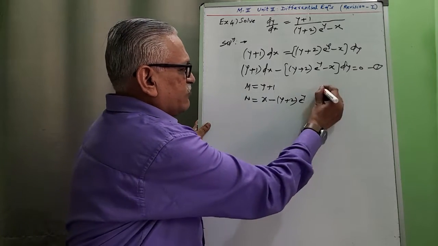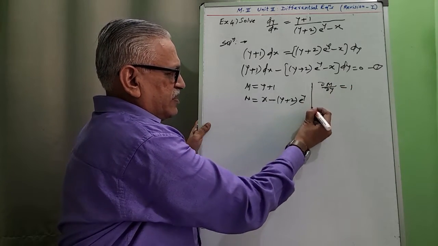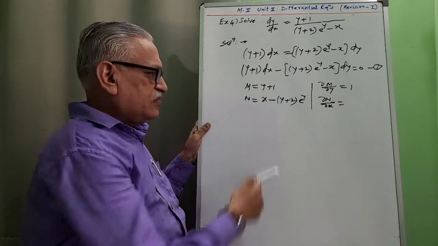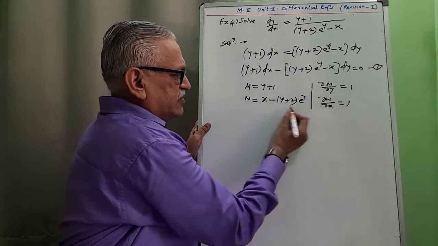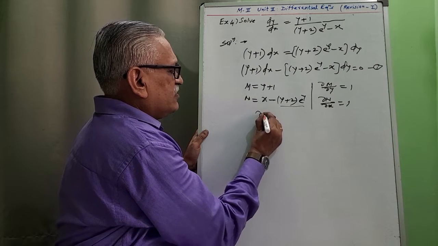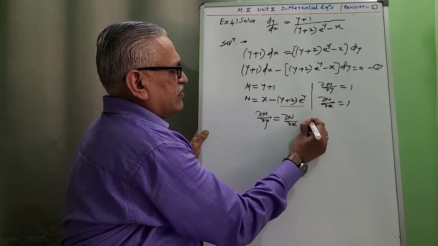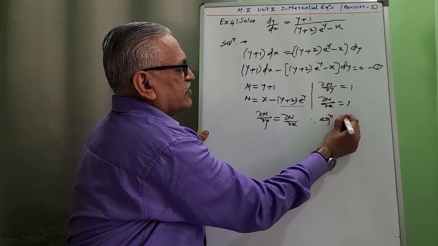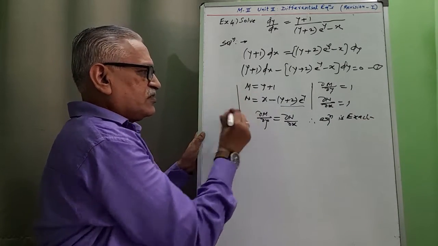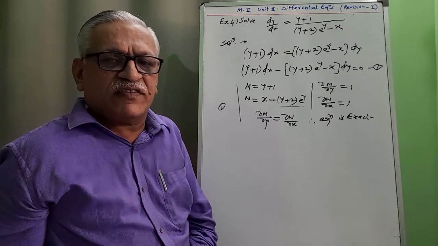Then differentiating M with respect to y partially, we get derivative as 1, and differentiating N with respect to x, keeping y constant, the derivative of x with respect to x is 1 and derivative of the constant term is 0. If you observe, dou M by dou y is equal to dou N by dou x, therefore the equation is exact. For this step you will get 1 mark, for showing that the equation is exact.